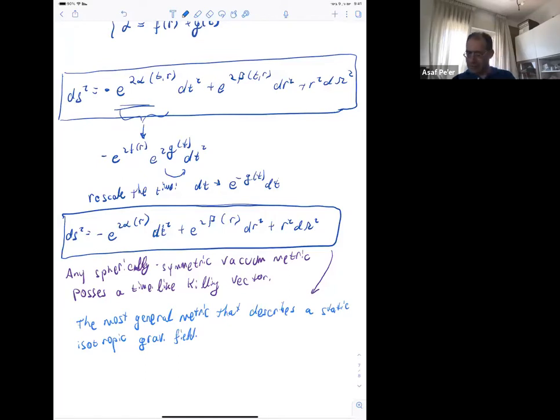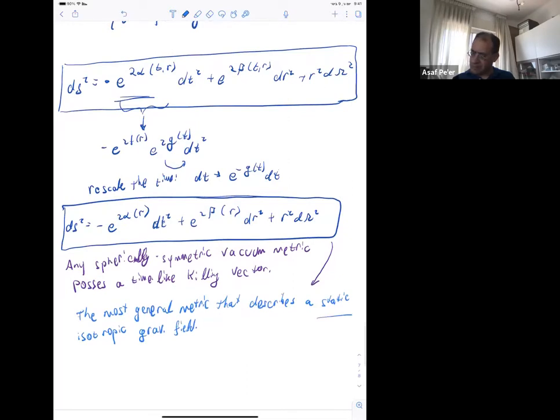Now, the metric here is what we just showed. It's stationary, but it's really also static. I think it's a bit subtle here. We don't really need to go through all these details right now. So static, nothing moves.